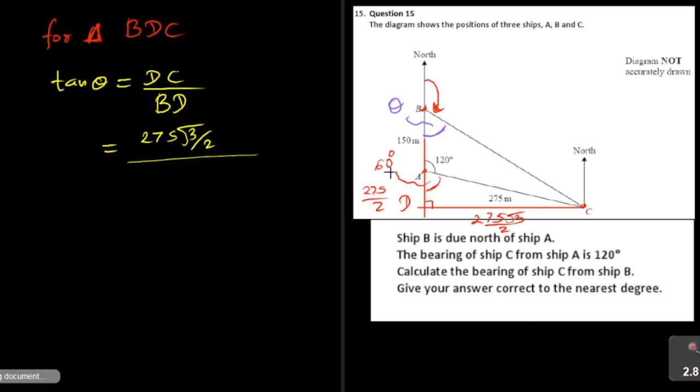BD length is BA, which is 150, plus 275 over 2. You can straight away apply everything in the calculator and get nice values. What do you get for tan theta? Let me take the calculator and solve it. 0.828.